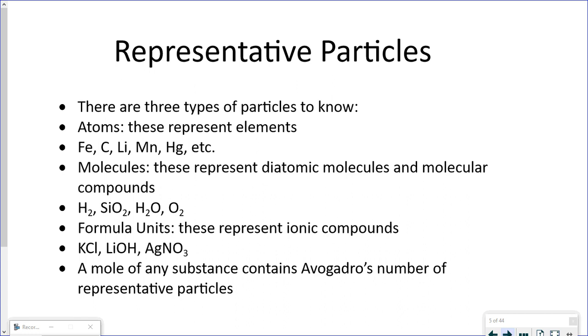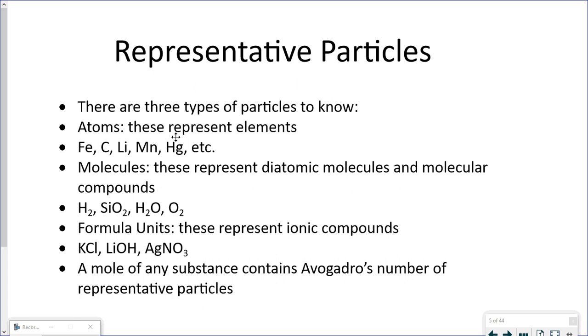What it means by representative particles: depending on what substance it is, it's made up of individual particles. If the particle is an atom, these are the representative particles of elements. So the smallest part of that element would be the atom. This can be anything straight off the periodic table, like iron, carbon, lithium, manganese, mercury, anything like that.